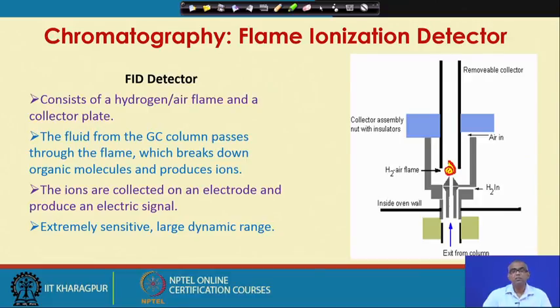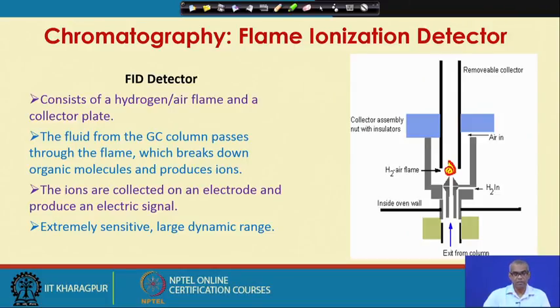Next, let us talk about the other popular detector, which is known as the flame ionization detector. The flame ionization detector consists of a hydrogen air flame and a collector plate. The fluid from the gas chromatographic column passes through the flame, which breaks down organic molecules and produces ions.